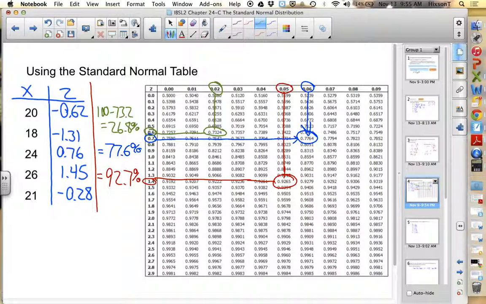Now, where the table is nice, and this is what we're going to focus on tomorrow, is looking at what my score would have to be in order to be in the top 80%.